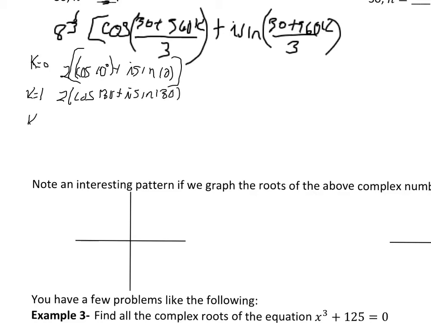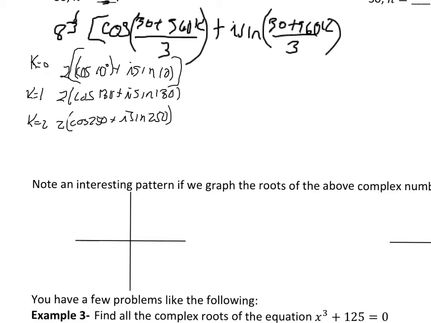And then k is 2, we get 2 times the cosine of 30 plus 720, which is 750 over 3, which is 250. So we get the cosine of 250 plus I sine 250. And those are your 3 cube roots.